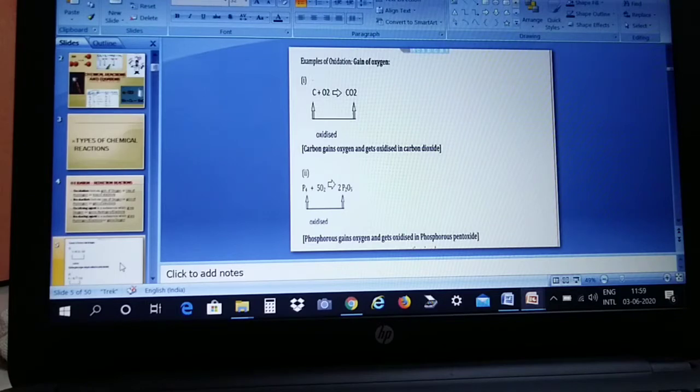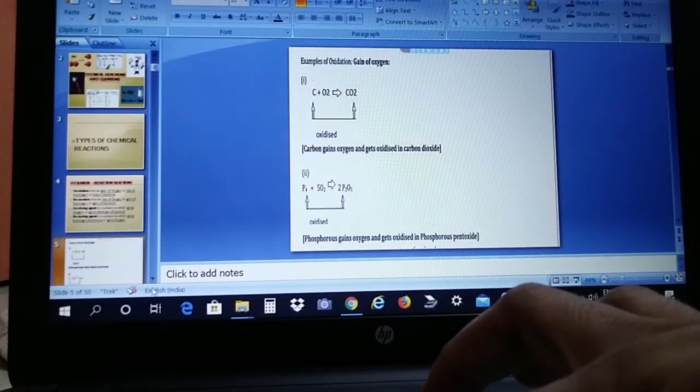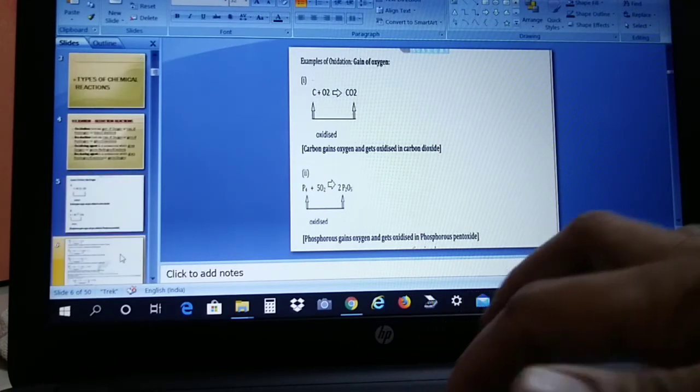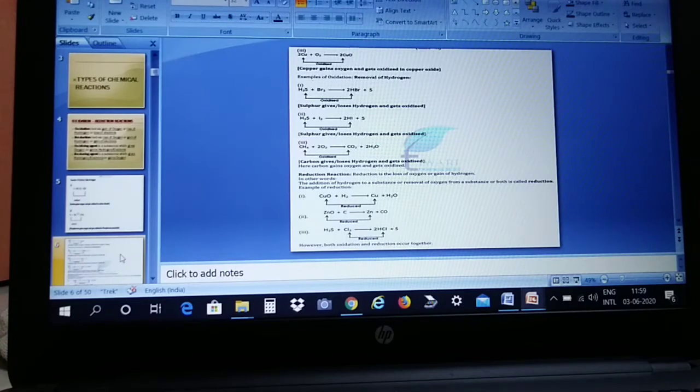I hope you are writing this in your fair notebook. Here you can see some more examples. Here copper gains oxygen and gets oxidized to become copper oxide. It is an example of oxidation.